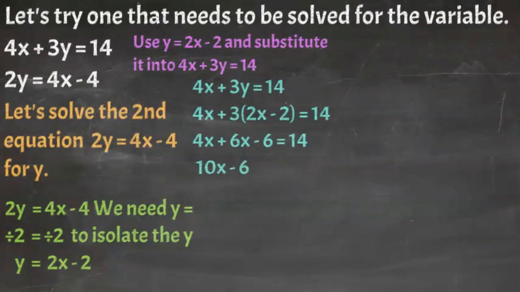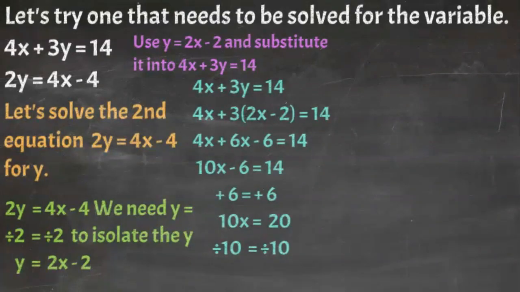And then we get 10x minus 6 by combining like terms. We add 6 to both sides, and we get 10x is equal to 20. We divide both sides by 10, and we get x is equal to 2.